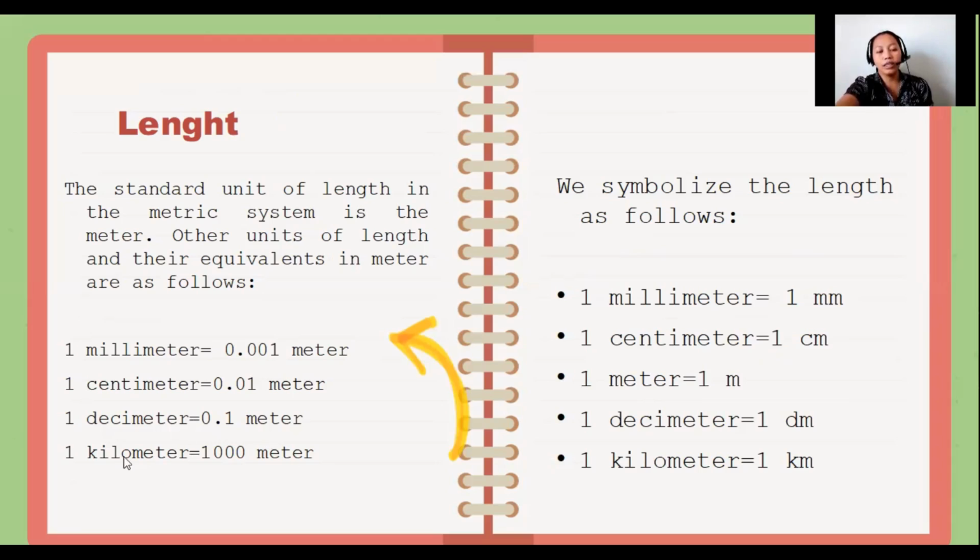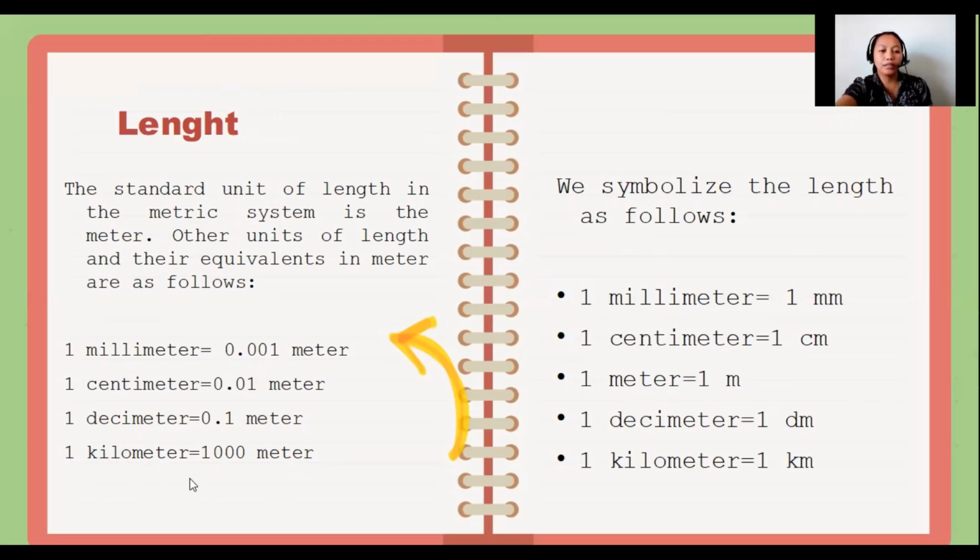Okay, so 1 kilometer is equal to 1,000 meters. Since kilo is 1,000, which is 1 times 10 raised to the positive 3, or we have a positive exponent, you just move 3 decimal places to the right to make it 1,000 meters.